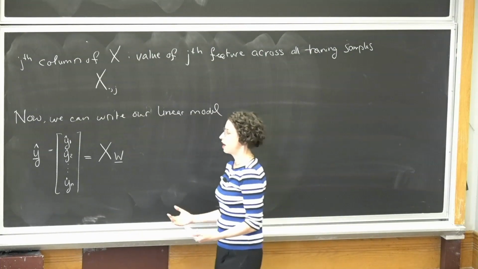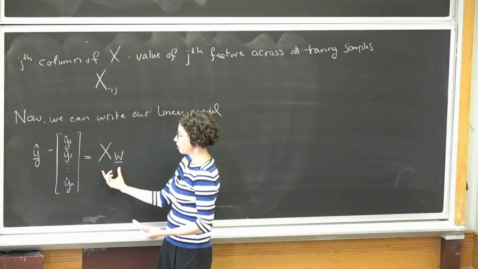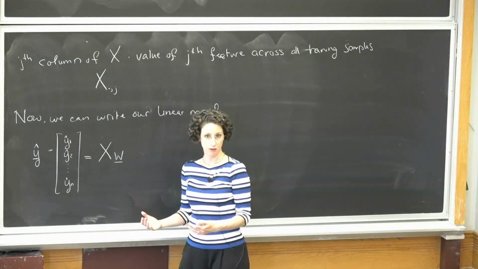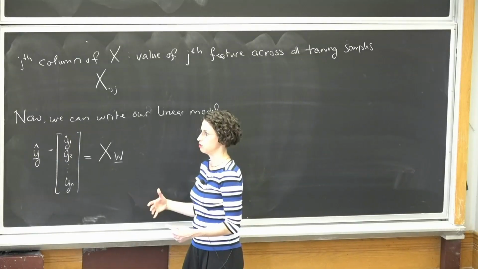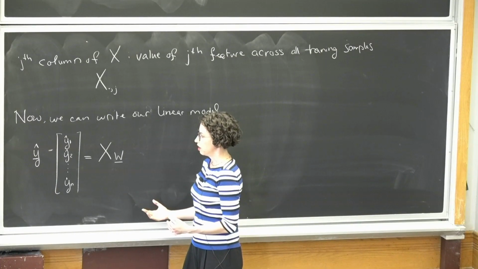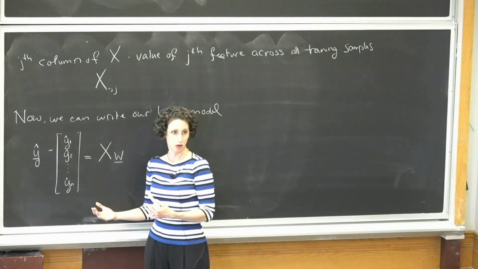And now we have this handy way of compactly writing all of our training data and all of our predicted outputs for all of our samples in one compact formula. And this is going to allow us to do a lot of algorithm development and thinking about how different methods work much more easily than if we were writing out these long weighted sum equations everywhere.